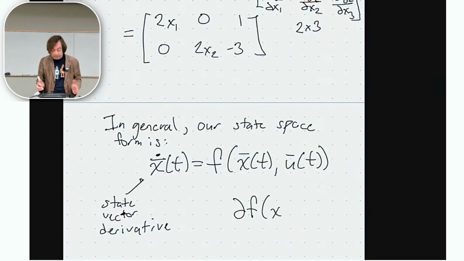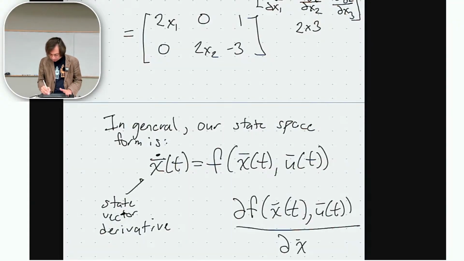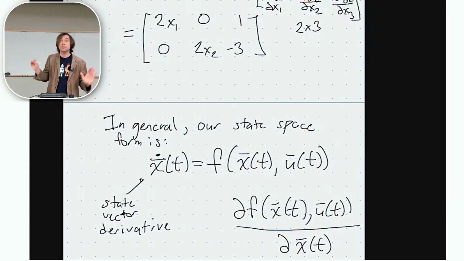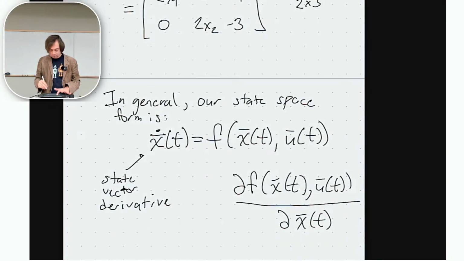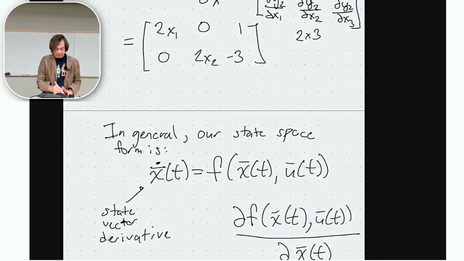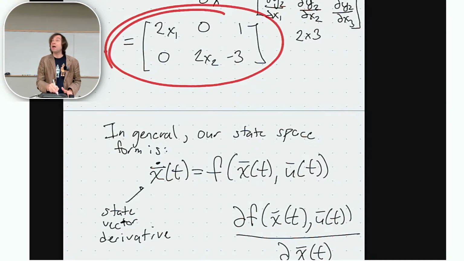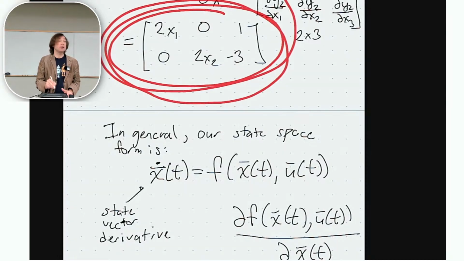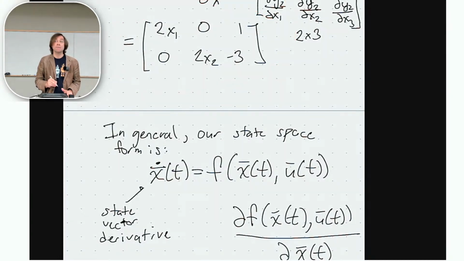It's not that complicated necessarily. f of x of t, u of t, partial x of t. That's a Jacobian. And you'll notice that it might still have variables in it. In this example, we still have variables in there. Just note that.